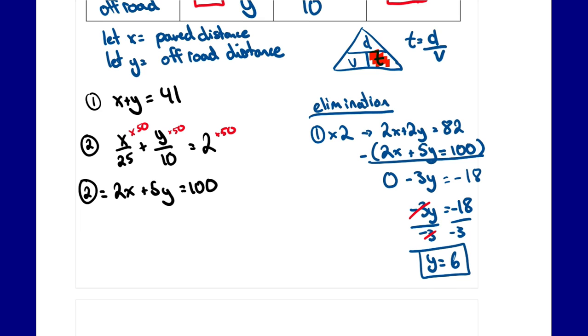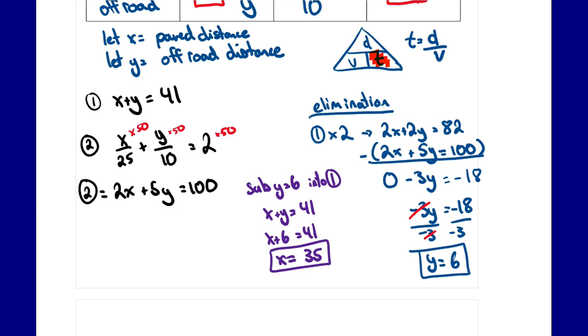Now that I found y, I need to sub that back in. Sub y equals 6 into equation 1, just because it is an easier one. So x plus y equals 41. x plus 6 equals 41. x equals 35.